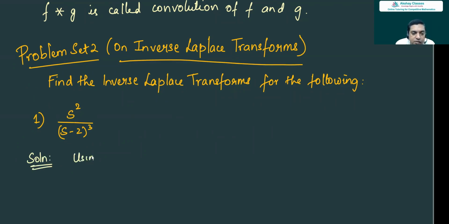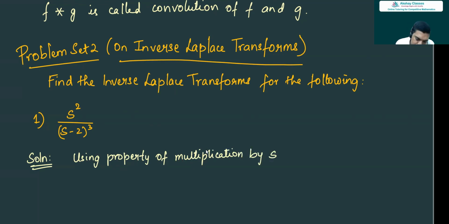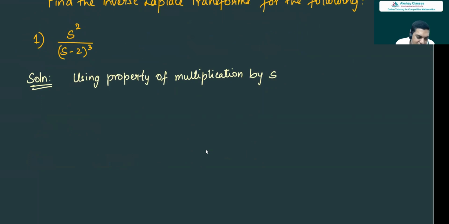So using the property of multiplication by s. Multiplication by s means we are differentiating. Okay, so let us do this. Now f bar of s is s square by s minus 2 the whole cube.